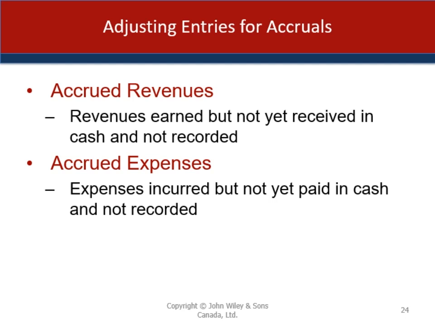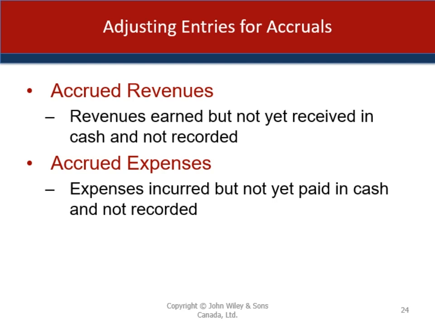these adjusting entries for accruals and deferrals are a major difference between a cash basis of accounting and accrual basis of accounting. So if you were dealing with a strict cash basis of accounting, you would recognize revenue only when you actually receive the cash, and expenses would be recorded only when cash is paid.